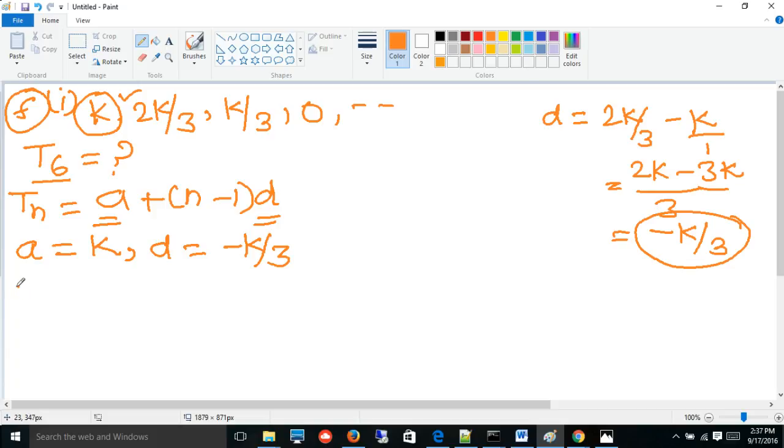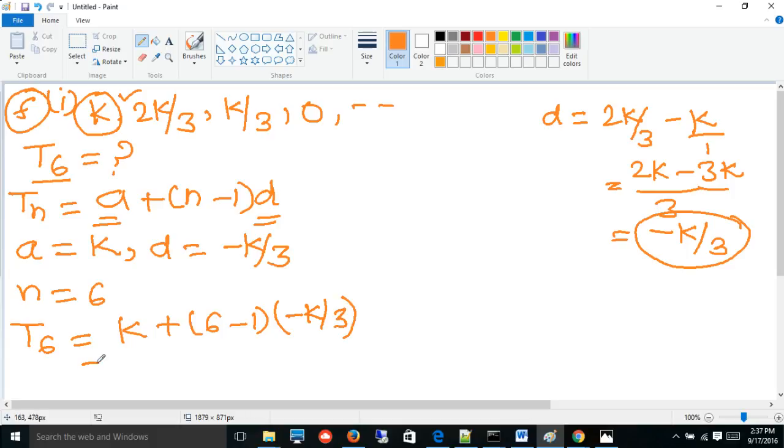Now we will apply the formula. Put the value of n as 6. So T6 equals k plus 6 minus 1 into minus k by 3. Here 6 minus 1 gives 5, so we get minus 5k by 3.